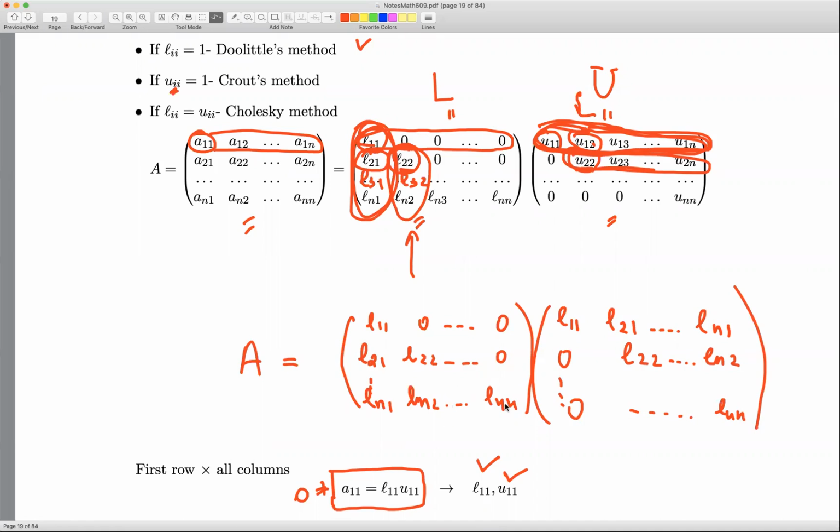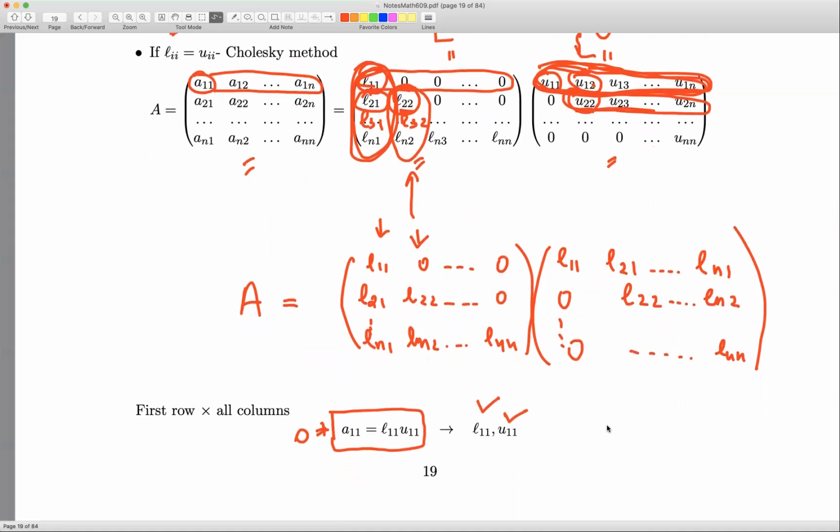So what is going to happen is that A has to be a product of these two matrices. So the first column of this matrix became the first row of this. The second column of this matrix became the second row of this, and so on. And you see here, if we multiply the first row times the first column, we'll have L11 squared is equal to A11.